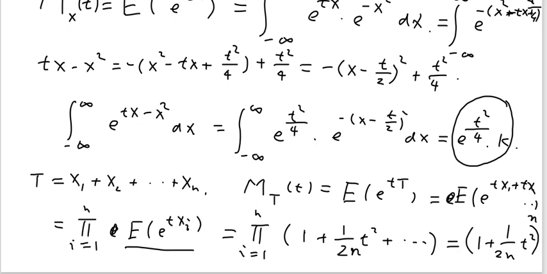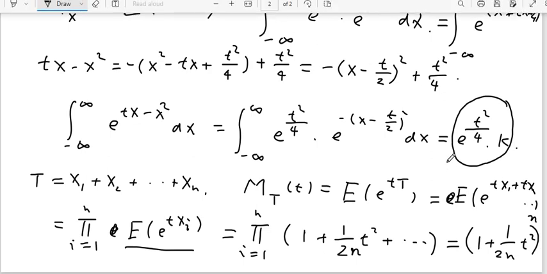When n goes to infinity, very large, this one will be close to e to the t squared over 2, or t squared over 4.